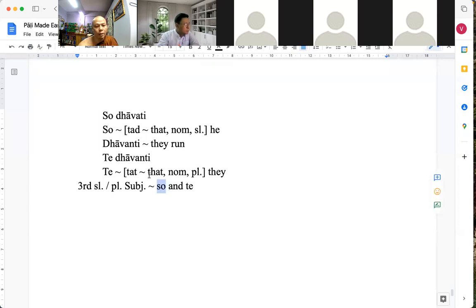They are the result of the personal pronoun ta, meaning that, common sense. But here, referring to the subject, a person, that is so, or te. Okay, so dhavati, he runs. Te dhavanti, they run. So with every verb, that was in singular and plural.